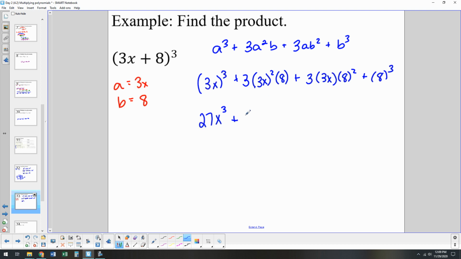So that's 216x squared, right? 3 times 9 times 8, plus 64 times 3, or 64 times 9, plus 8 to the third, and that's our answer. So you could see showing it this way actually does save you some steps if you use the pattern than if you were to write out 3x plus 8 3 times and do the multiplication.